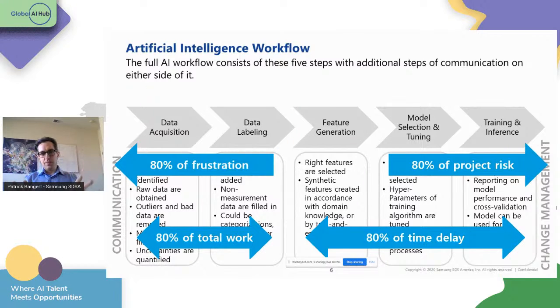So this is the distribution in a kind of Pareto 80-20 rule, in my opinion. Where is the work? Where is the time delay? Where's the risk?